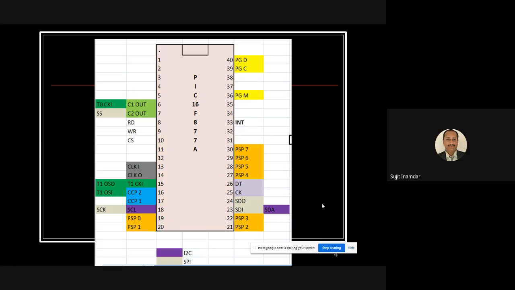For example, C1 out, C2 out: for C1 and C2 it is green. Then for timer it is dark green. Then violet is given to the I2C. So what is this I2C? A separate point is coming in the later units, but at least we have discussed the long form. So is anyone remembering I2C?